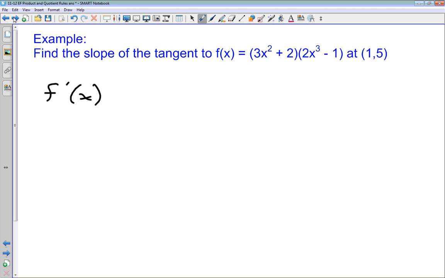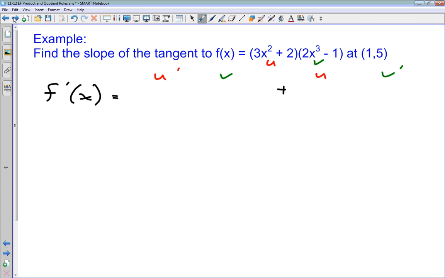Once again, we've got a function that can be thought of as having one function times a second function. So I'm just going to write those letters under there, u and v. So our derivative here is going to be u primed times v plus u v primed.